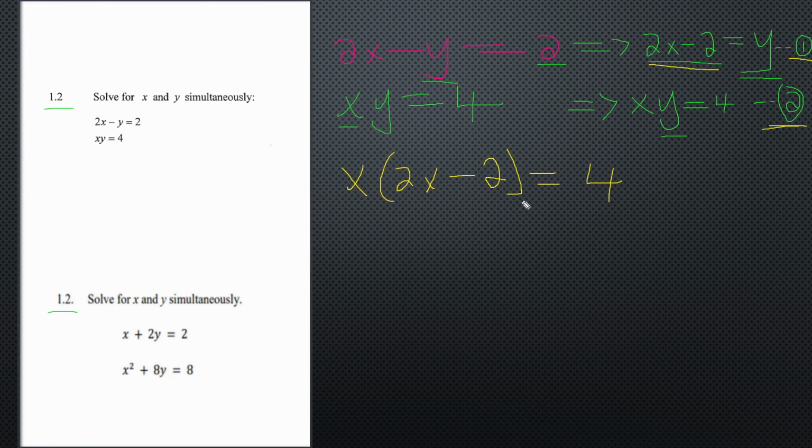So we multiply x with 2x and also negative 2. x times 2x will be 2x squared, and x times negative 2 will give us negative 2x. And then we know that we have our 4 here, so we take 4 to the left hand side and the positive turns into negative 4, which equals 0.